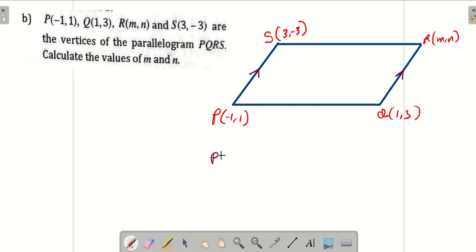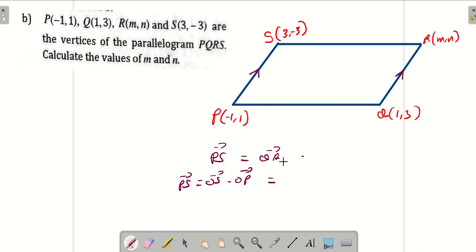It means that vector PS must be the same as vector what? QR. So let's find vector PS. Vector PS is the same as OS minus OP.